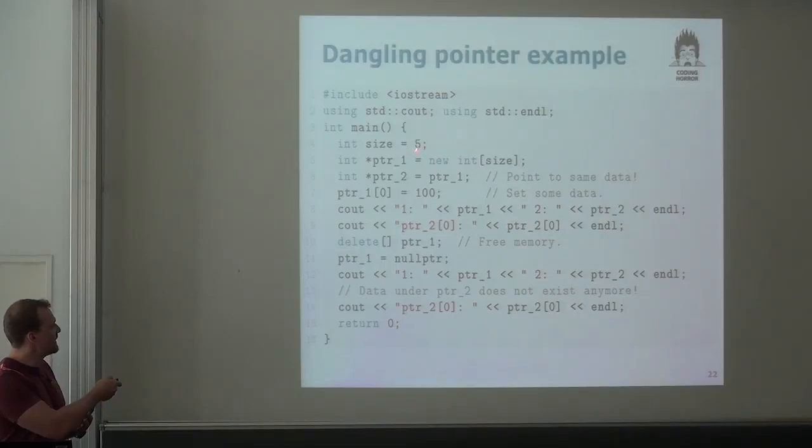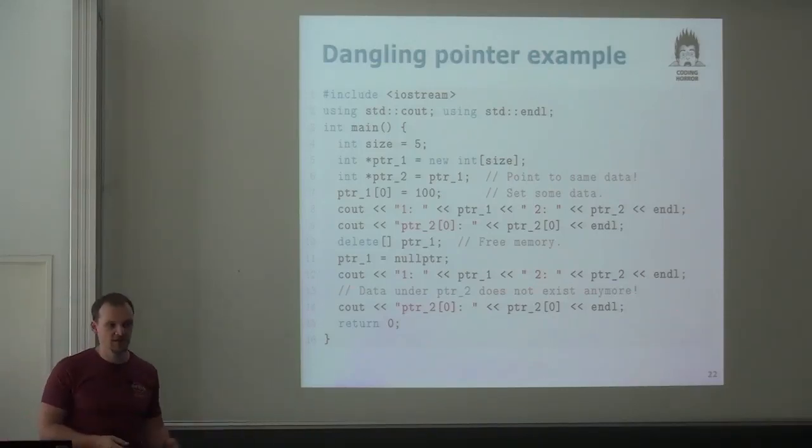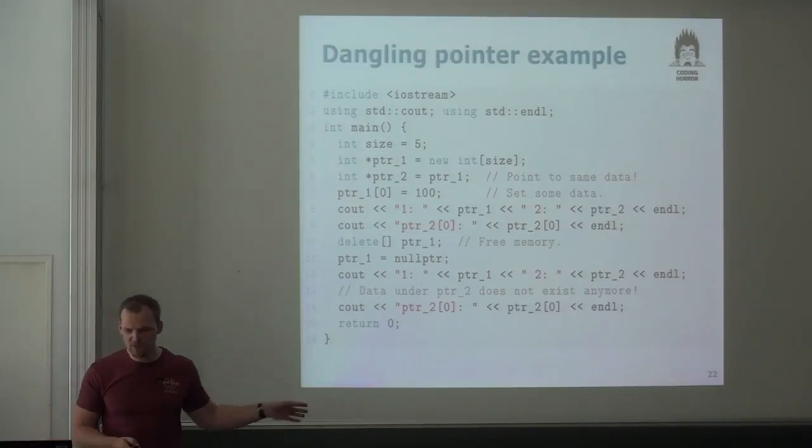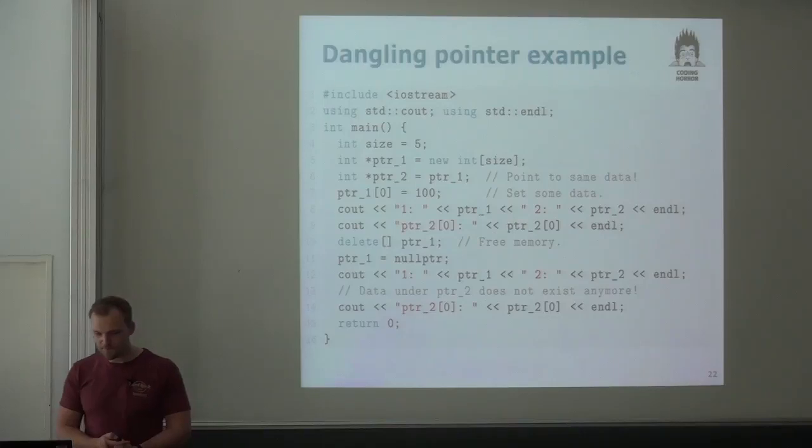We create a pointer 1, we give it some data, then we create a pointer 2 and point it to pointer 1, and we change some data and so on. Then at some point we delete pointer 1, and then we try to use pointer 2, which doesn't exist anymore, but it will still have some value. I will not go too deep into this now. Copy paste it, run it, see what happens.